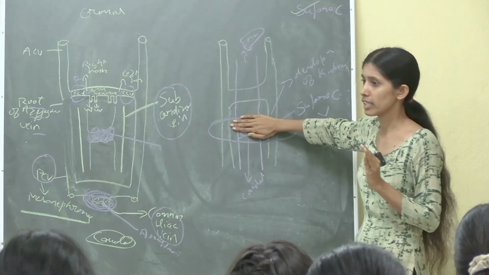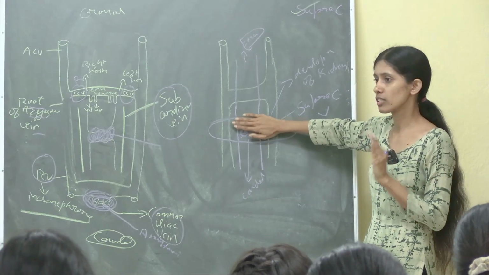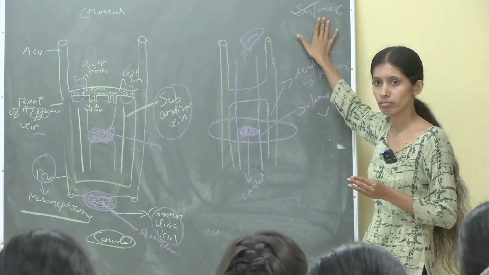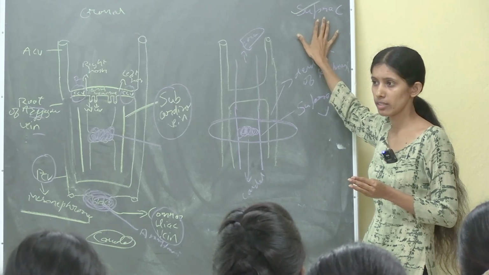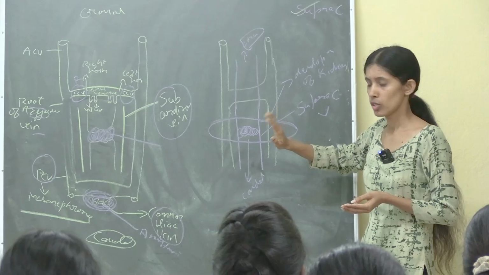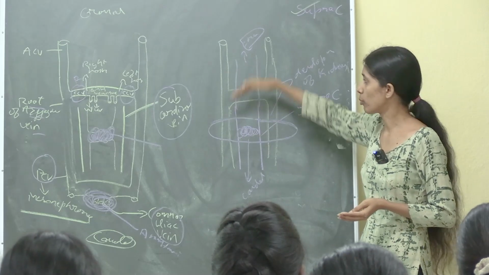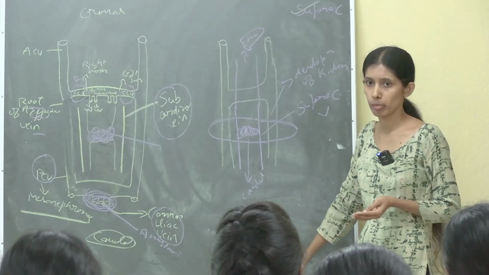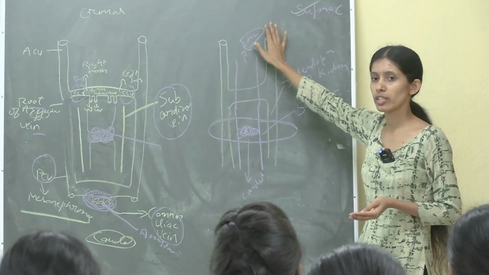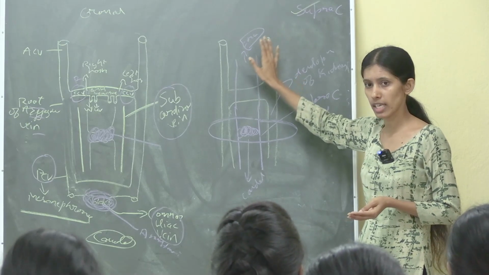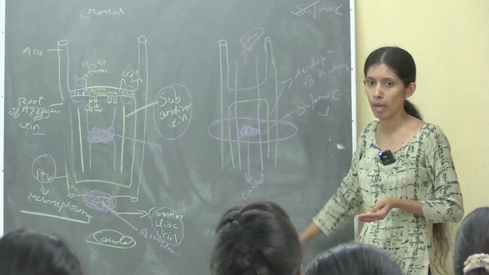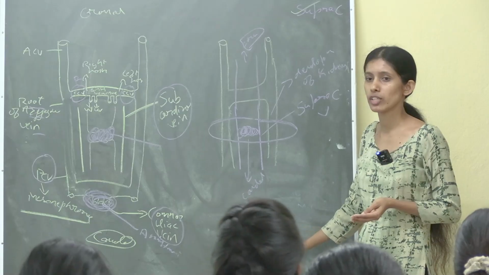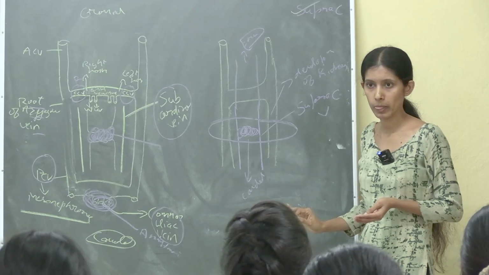So here your kidney is growing, and it disturbs the continuity of your supracardinal veins. The part above is called the cranial part, and the part below is called the caudal part. The above part gives rise to azygous and hemiazygous vein. We'll see what is going to happen in the lower part. Basically your lower part will give rise to inferior vena cava.